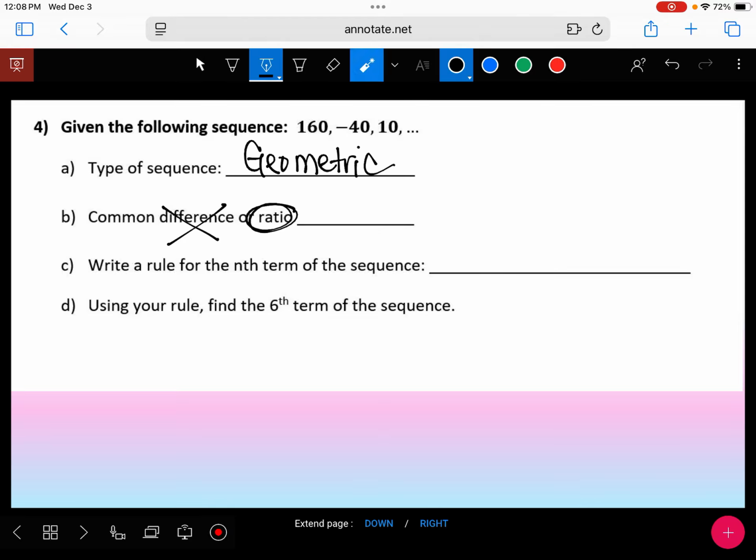Now, notice how my signs are going back and forth. That tells me I'm multiplying by a negative number. So, take the -40 divided by positive 160. Again, you can write that as a fraction or as a decimal.